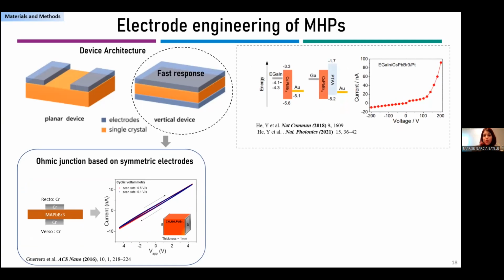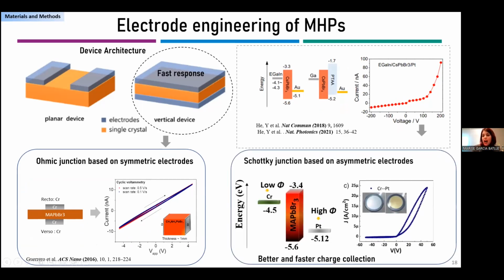The second approach was the use of asymmetric electrodes, because we observed that asymmetric electrodes can help with the dark current of the device. This very nice paper of Professor Kanatzidis shows how at reverse bias we can observe the lowest reverse current. So this Schottky junction based on asymmetric electrodes was our second option.